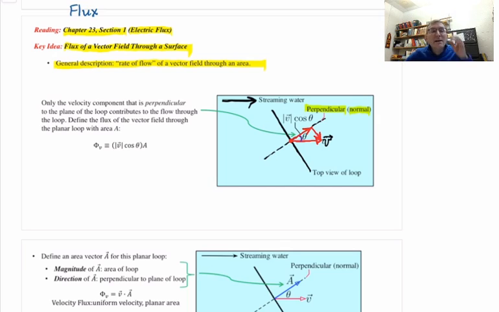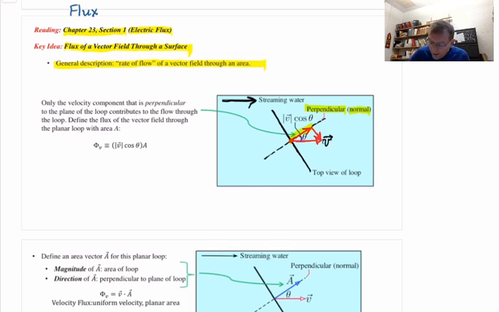Now, if what I want to measure is the rate of flow of the water through the surface here, I contend that it's this component right there of the velocity that's the important one. Right? The component of the velocity that is perpendicular to the plane of the surface, the loop it's called. The component that is along the perpendicular direction.